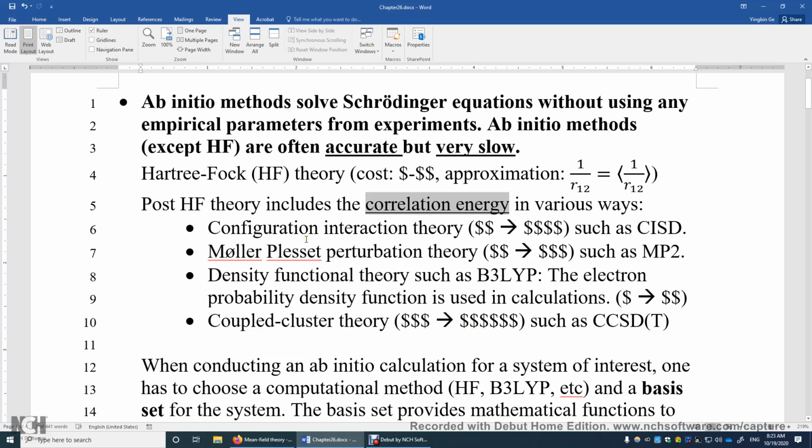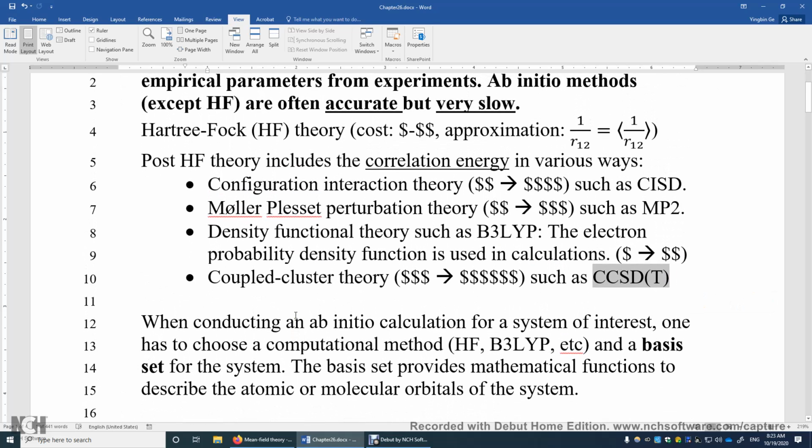So to get reasonable results, we usually use the density functional theory method, or the DFT method, to achieve the balance between efficiency and accuracy. If you want really good accuracy, you can consider using CISD to get your result. When we conduct an ab initio calculation, we have to choose one of these methods: Hartree-Fock, CISD, MP2, B3LYP, CCSD.